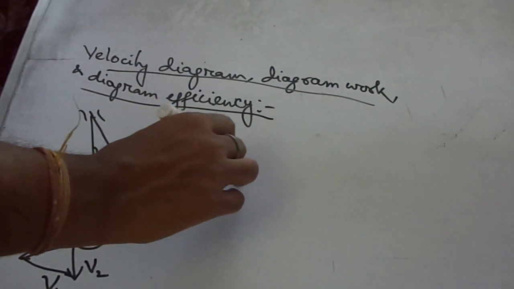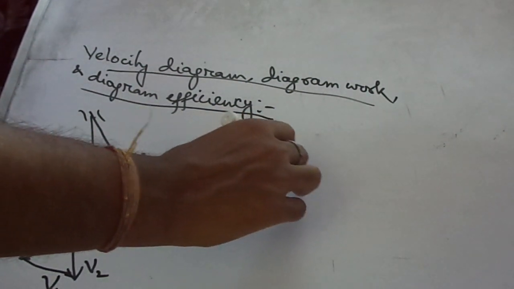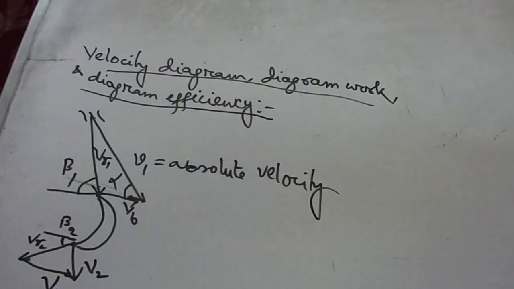Absolute velocity v1 strikes the blade with relative velocity vr1, while the blades rotate with mean peripheral velocity vb.